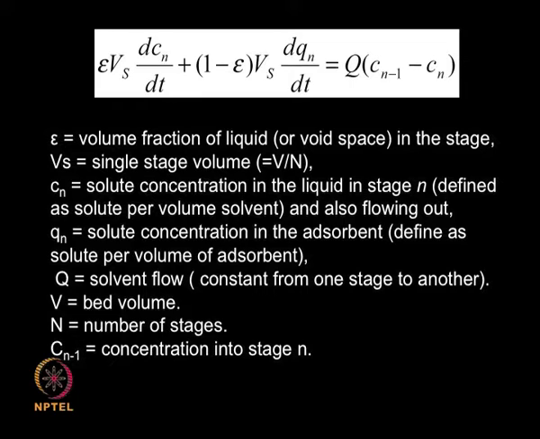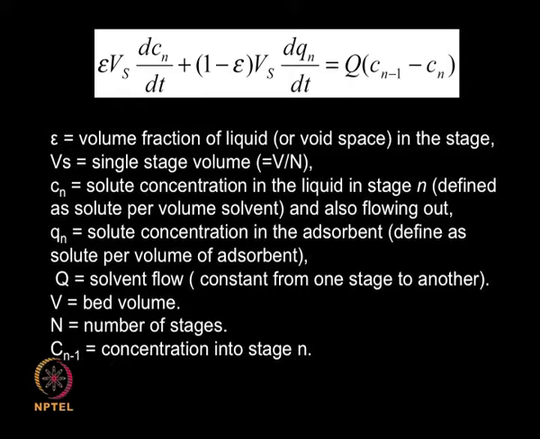On the left hand side we have the accumulation. There are two types of accumulation I mentioned: accumulation of the solute in the mobile phase, and accumulation of the solute in the stationary phase. Let us go to the accumulation in the mobile phase. What is the equation? Epsilon, the volume fraction or void space in the stage, times Vs, the volume of a single stage. This could be the volume of the entire column divided by N stages.